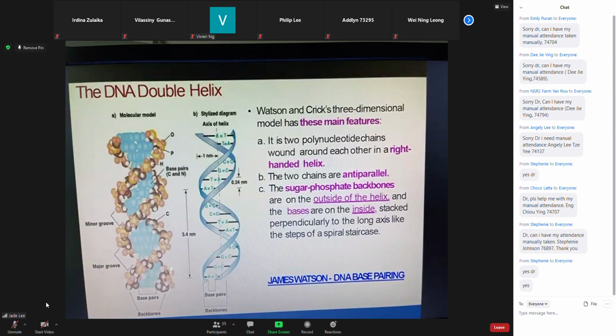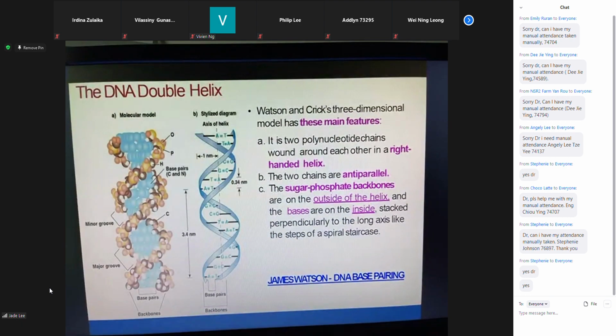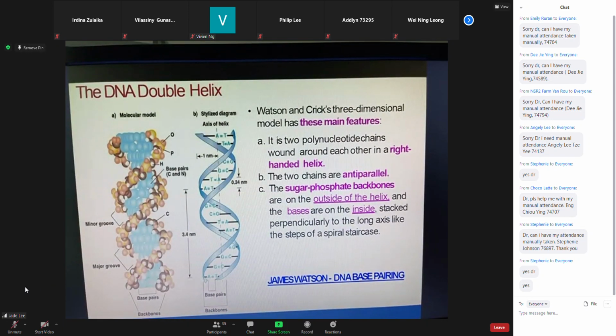How many base pairs? 10 base pairs, because the distance between one base and another is 0.34 nanometers. Clear?